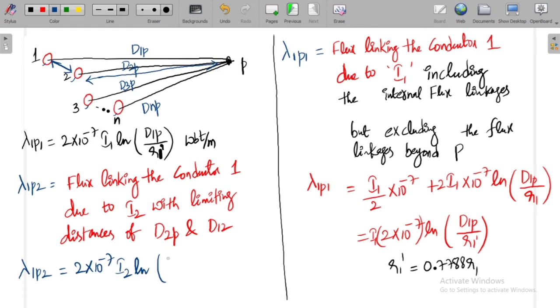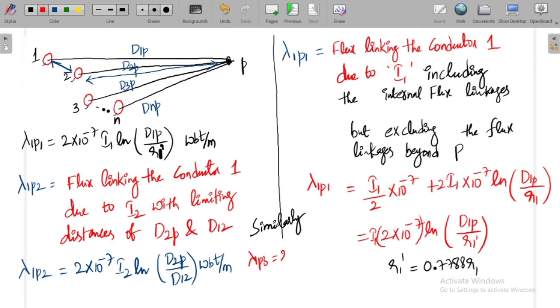Now how can I write this? All these are external flux linkages to the second conductor, right? So that is the reason why I can write this as 2 times 10 power minus 7 I2 into ln of d2p by d21 or d12. You can write as it is. Similarly, how can I find the flux linking the first conductor due to I3?